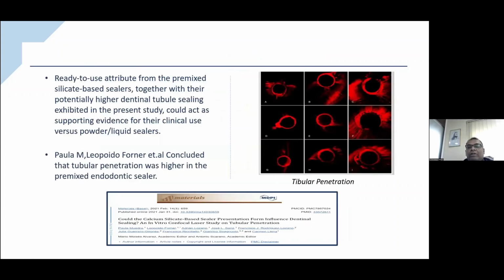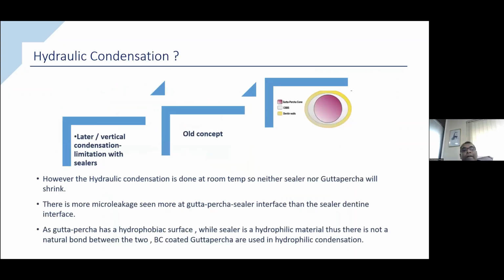Now, this is a tubular penetration study, which only concludes that tubular penetration was higher for premix sealer. So rather than using two-component sealers, it is better to go for a single premix sealer.